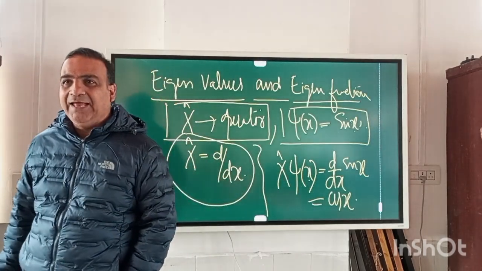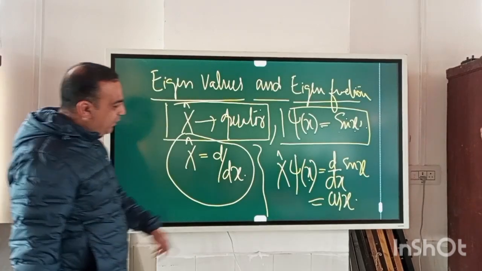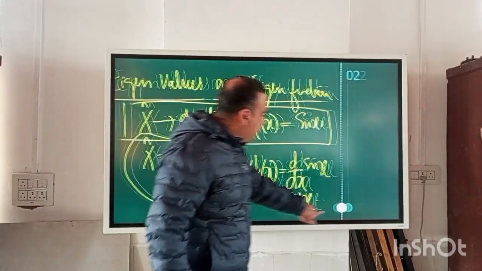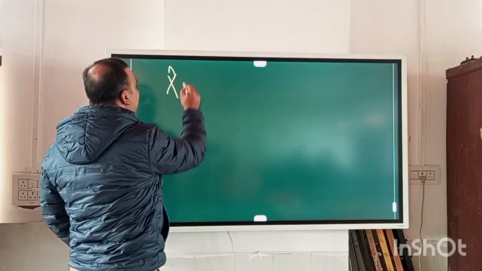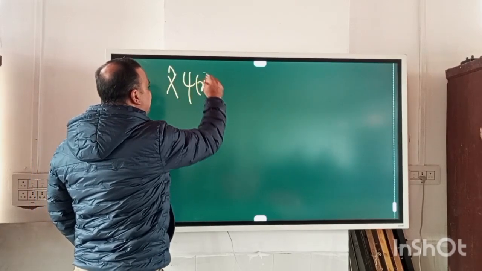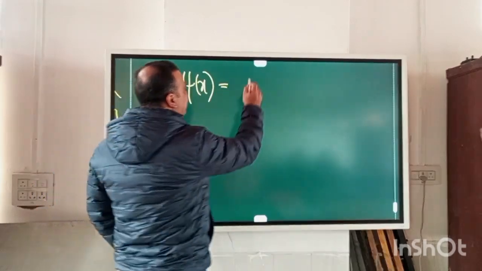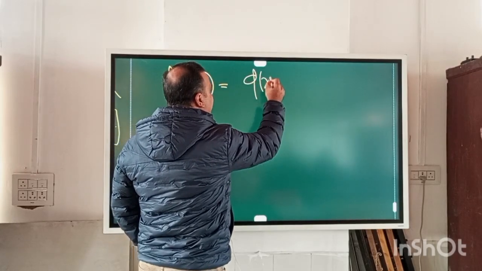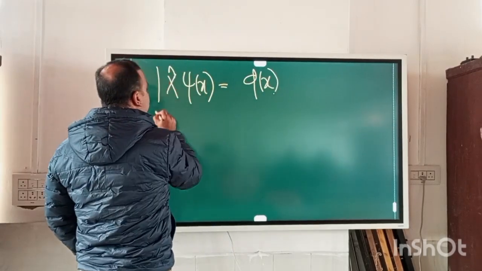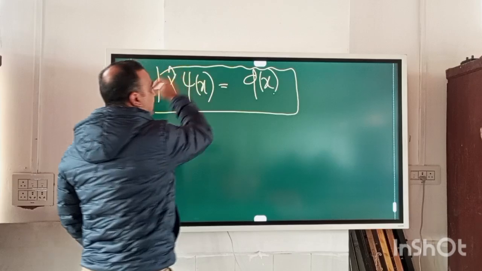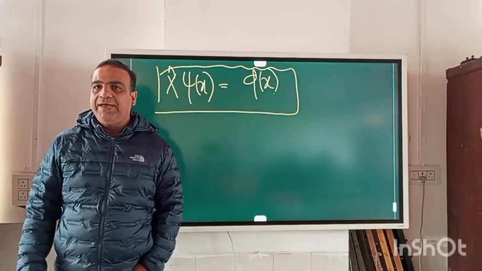So if I have to generalize this, what am I doing? I'm using an operator on psi of x and I am getting phi of x. Clear?